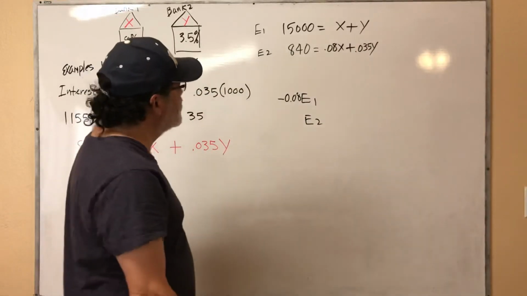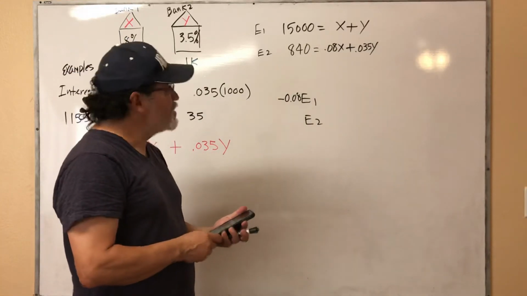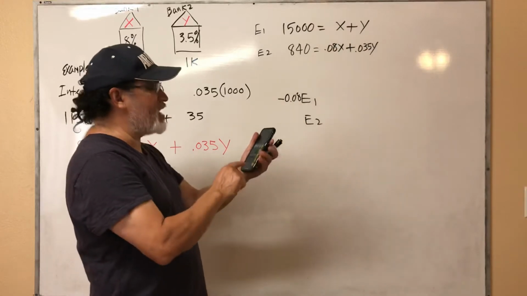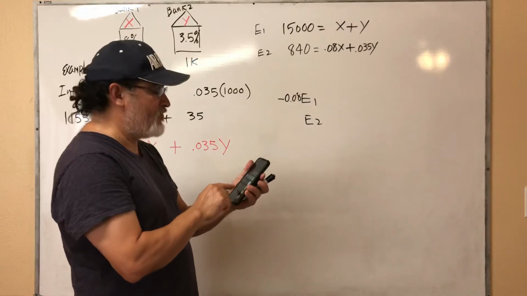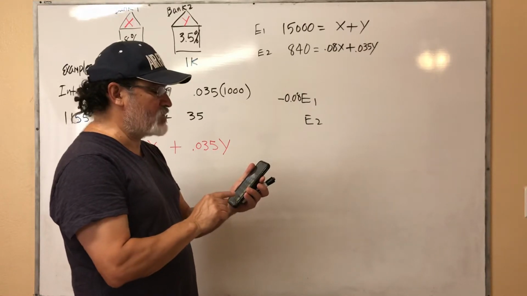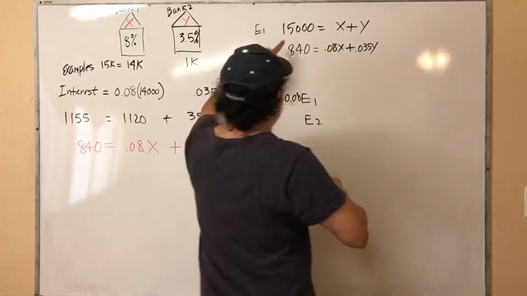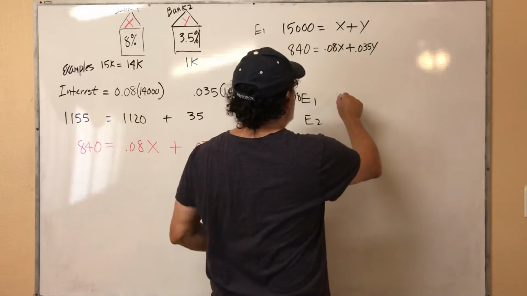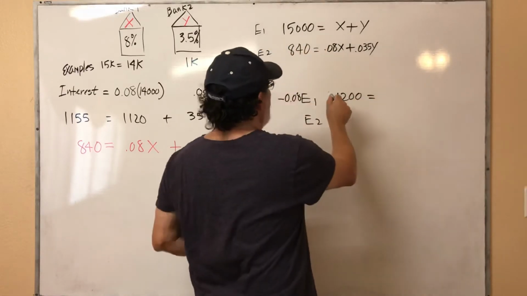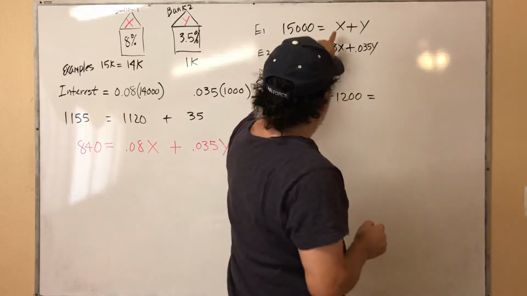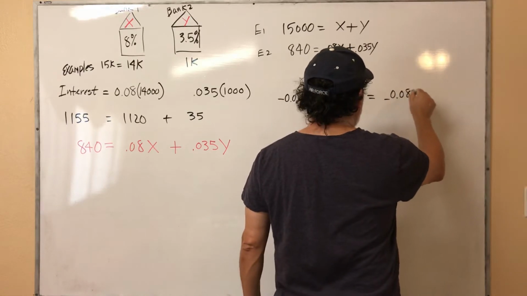Okay? And so take your calculator. All right, good class? Take your calculator and say 0.08 times 15,000. And here, when you multiply by 15,000, you get 1,200, and it's negative, right? Because multiplied by negative. And this is going to be negative 0.08x.